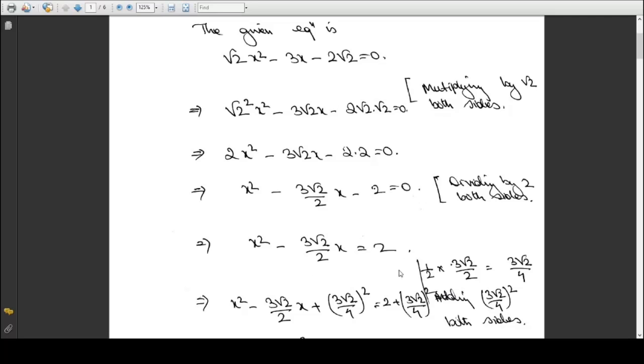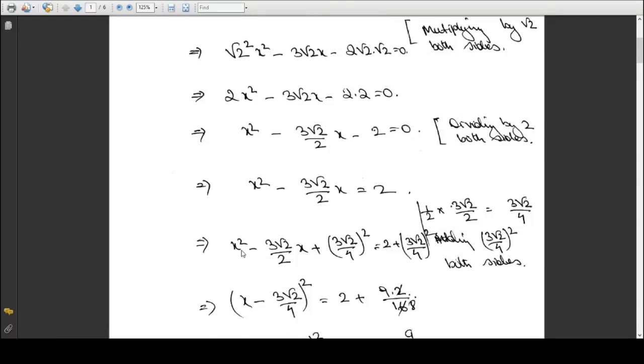You have to take half the value of the coefficient of x and then square it, and add to the left and right side of the equation. Now we have x squared minus 3 root 2 by 2x, then you add half the coefficient of x squared, that means 3 root 2 by 4 squared. On the right side also we have 2 plus the same thing, 3 root 2 by 4 squared.